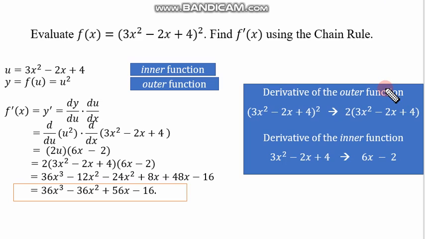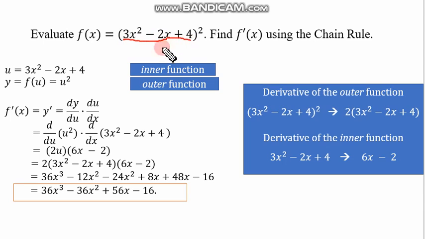Okay, so to understand this one, we will evaluate f of x is equal to the quantity 3x squared minus 2x plus 4, squared. We will find the derivative of the function using the chain rule. So f prime of x is equal to y prime, which is dy/du times du/dx. The inner function here is what's inside, so we will encapsulate it.